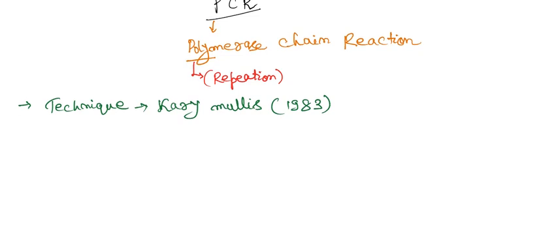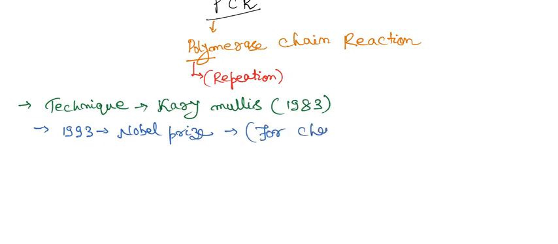In 1993, Kary Mullis got the Nobel Prize for this discovery of the PCR technique, in the field of chemistry.